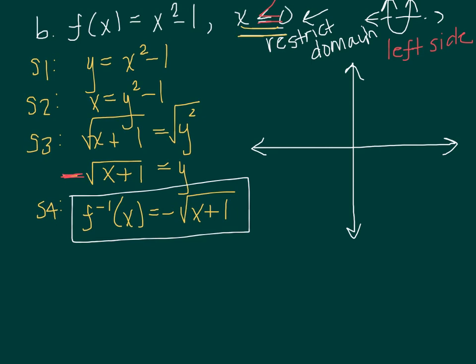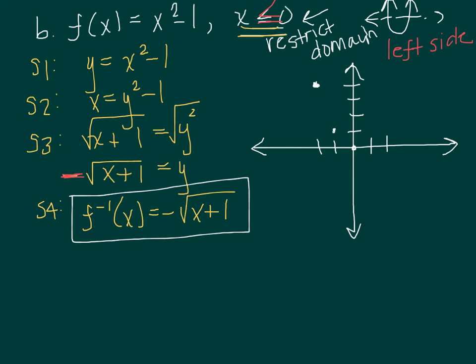All right, so the parabola, remember we start off with (0, 0), (1, 1), and (2, 4). But we're only going to do the left side, remember, because it says x is smaller than or equal to 0. So we can't use anything greater than 0.